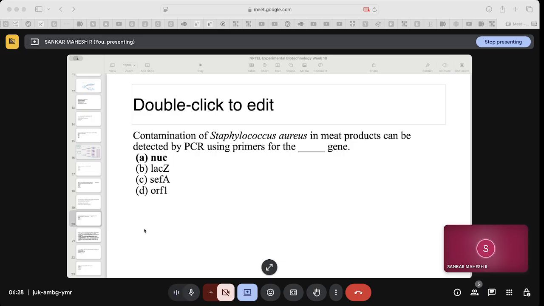Yes, Sai Sampath, you were talking about the lac operon. Have you heard of LacZ? What do you know about it? You can tell us what you know about it, and we'll take it from there.